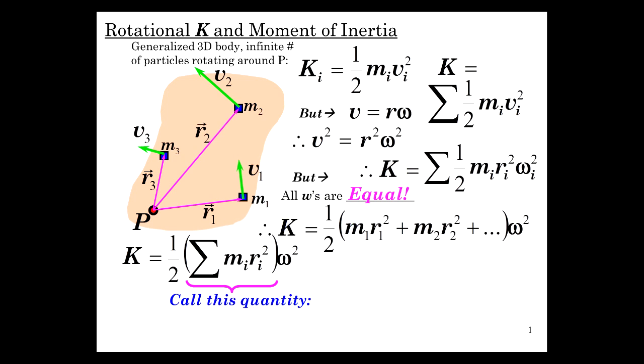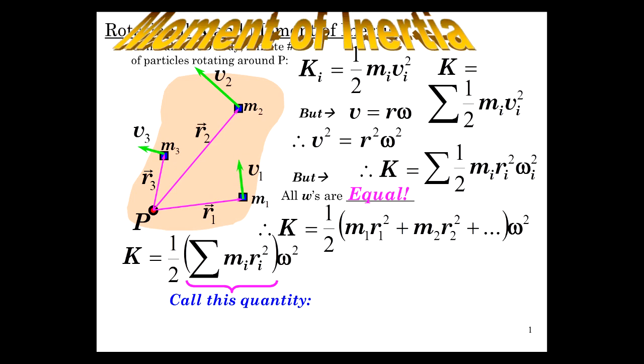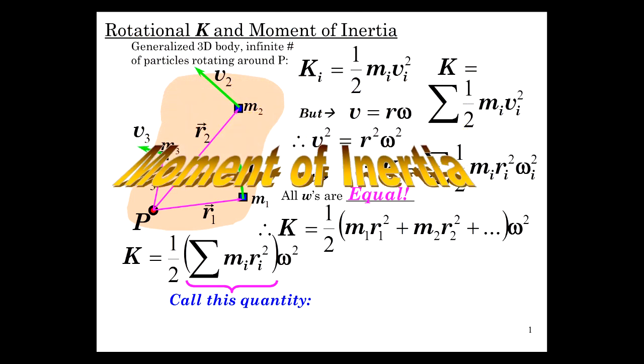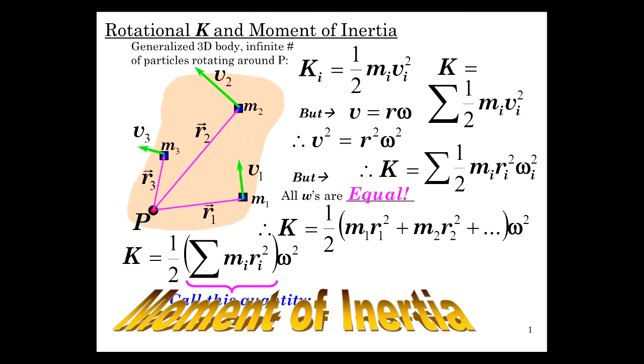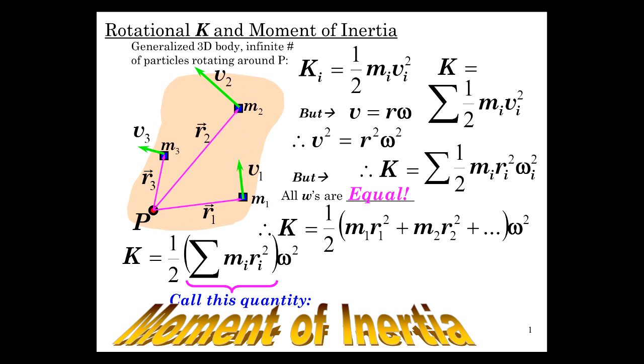And now this quantity, the summation of m_i r_i squared, has a special name, and it's called, yes, the moment of inertia. So that is going to be something that's very important in our subsequent problem solving.